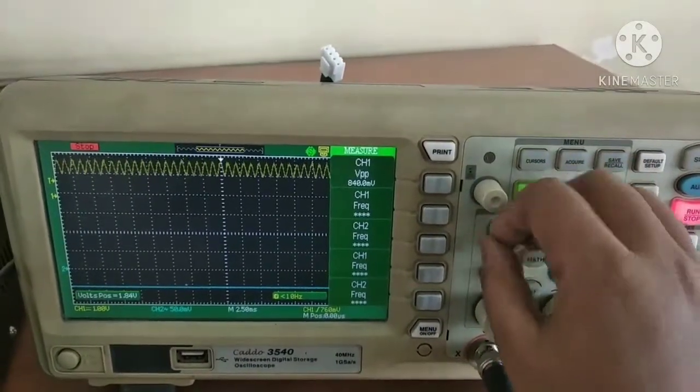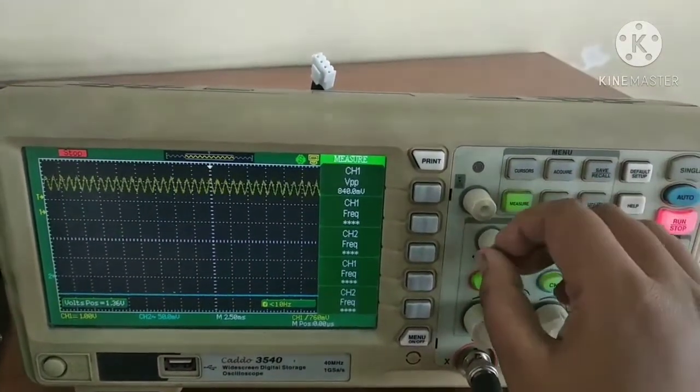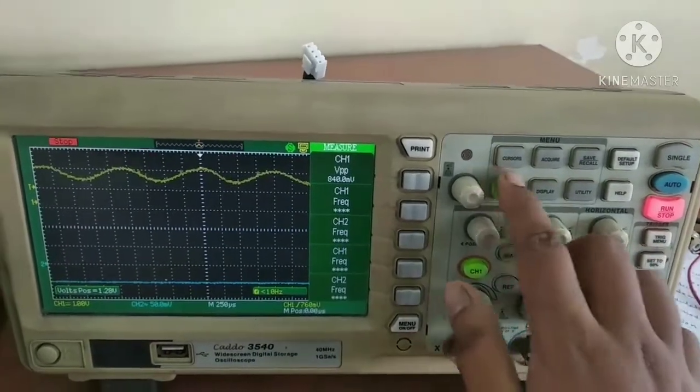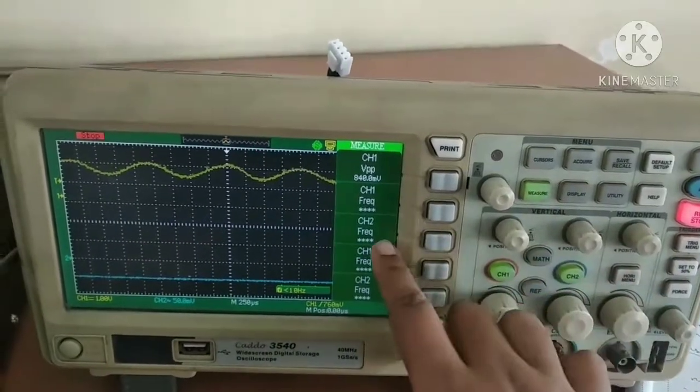The signal is coming, press the measure button, and see the measurement.